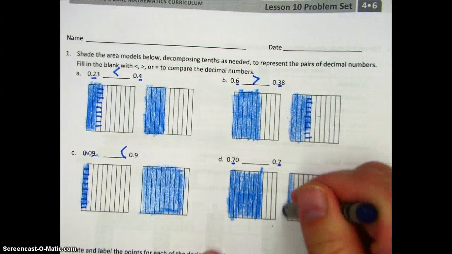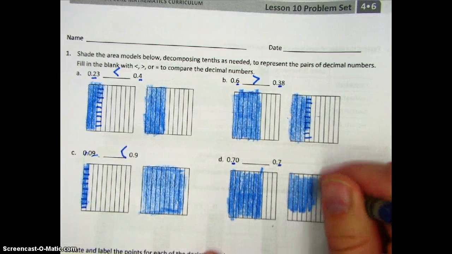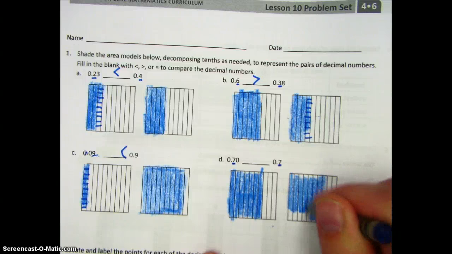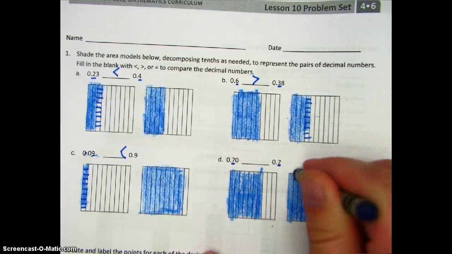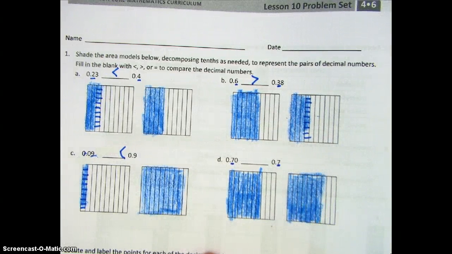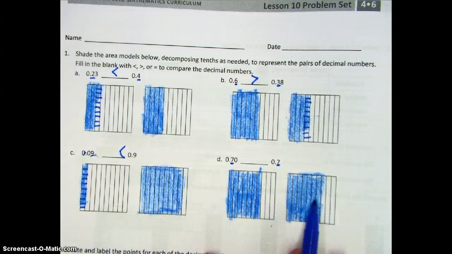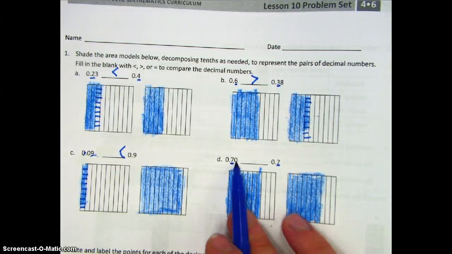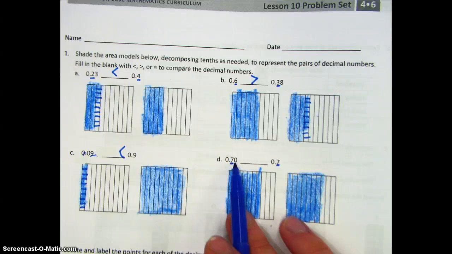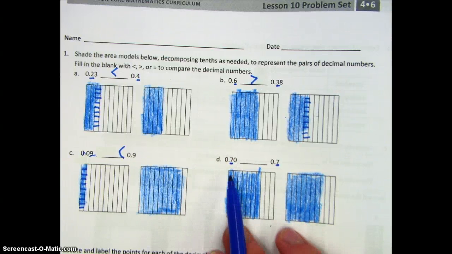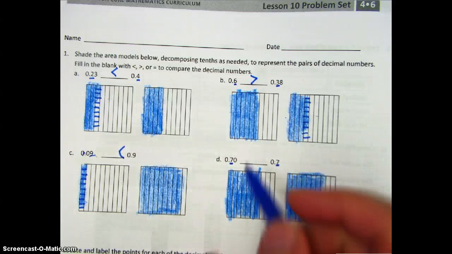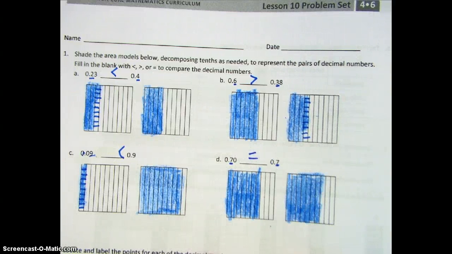So we're going to shade in our 7 tenths. Now we can see that we've actually shaded in the same amount. That 0 over here in the hundredths place didn't change the value of our number because 70 hundredths is equal to 7 tenths.